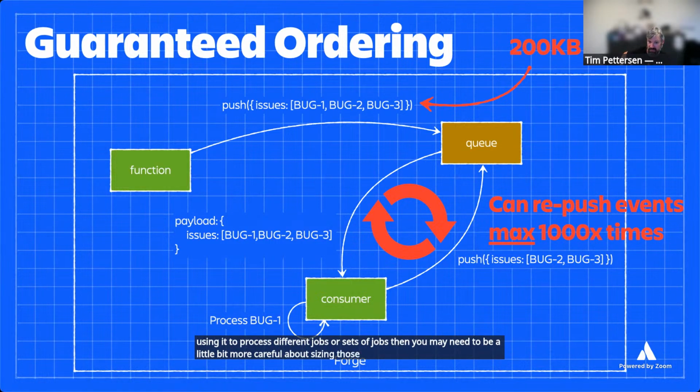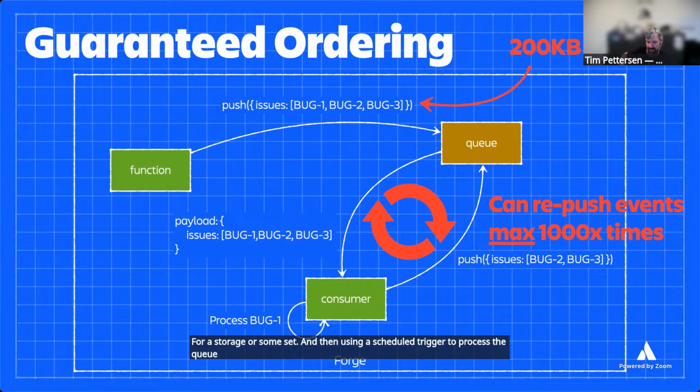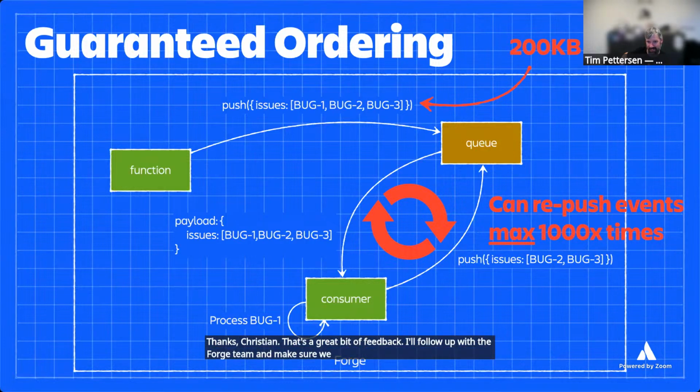In which case, spilling over to store them in Forge storage or some set, and then using a scheduled trigger to process the queue, rather than having the consumer invoke itself, is probably a better pattern. Thanks, Christian. That's a great bit of feedback. I'll follow up with the Forge team and make sure we document that better and have a better pattern exposed there.